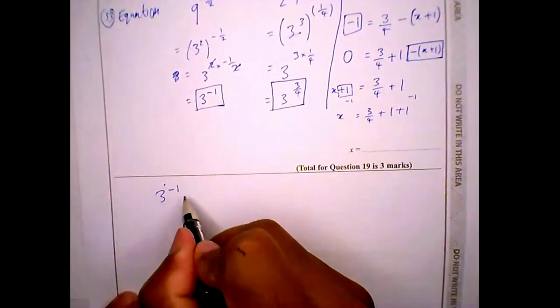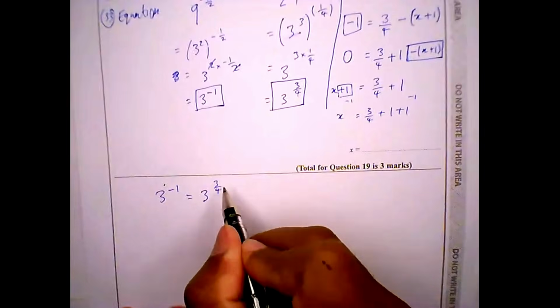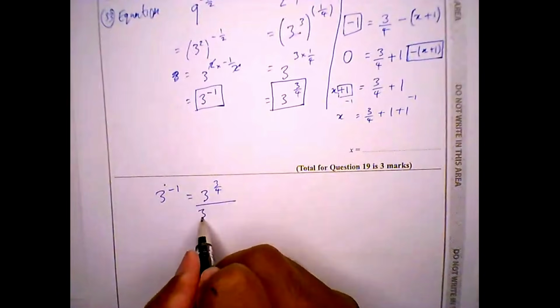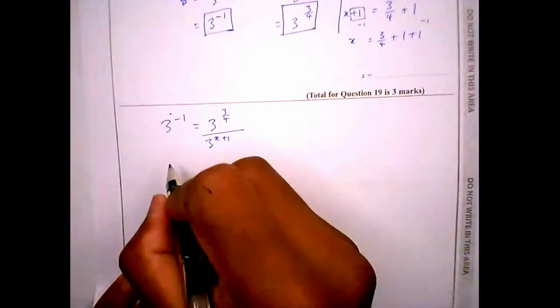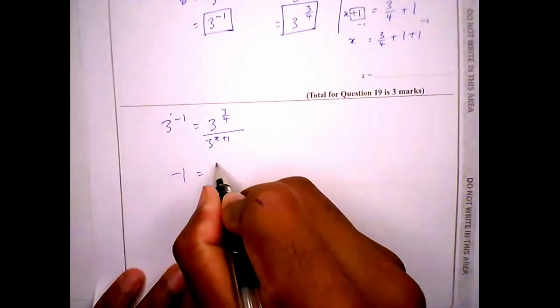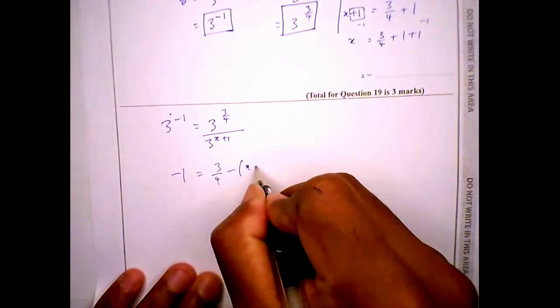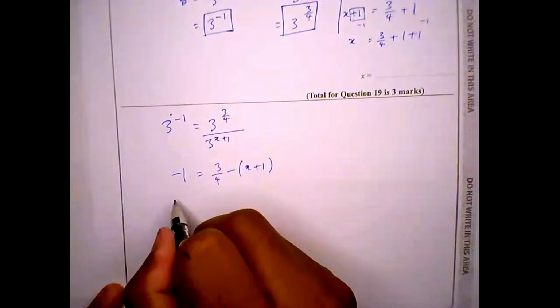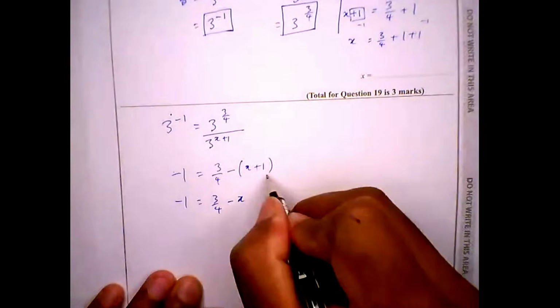3 to the power minus 1 equals 3 to the power 3 over 4 divided by 3 to the power x plus 1. Okay, so I can ignore the 3's, it becomes minus 1 equals 3 over 4 take away x plus 1. So I'm going to make this 3 over 4 take away x minus 1.